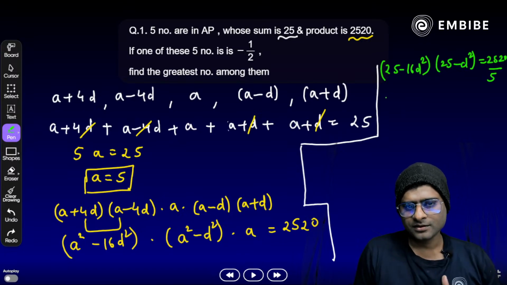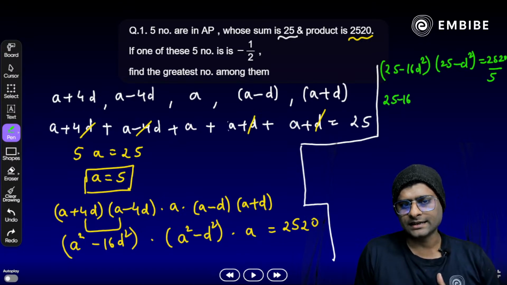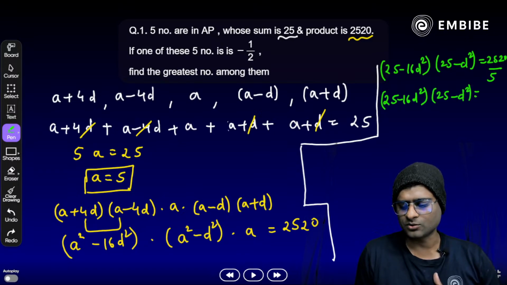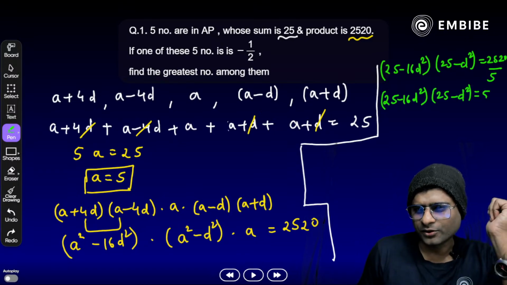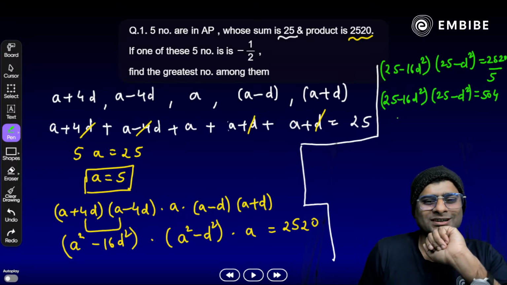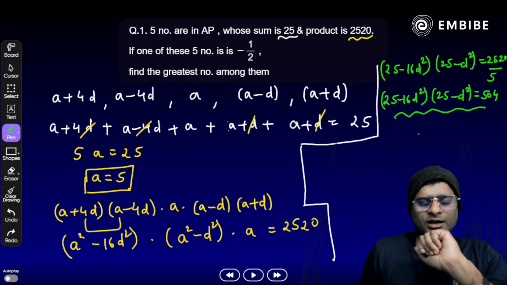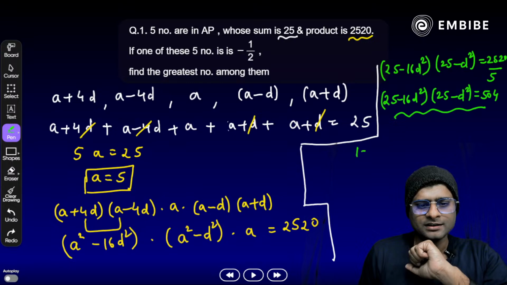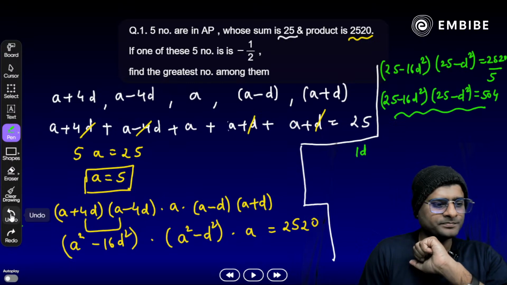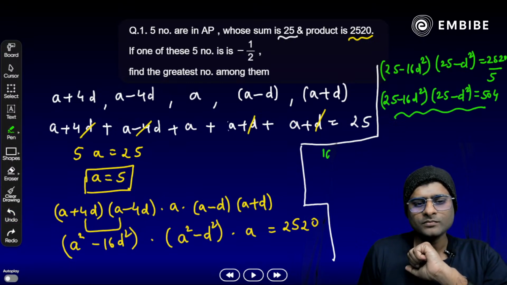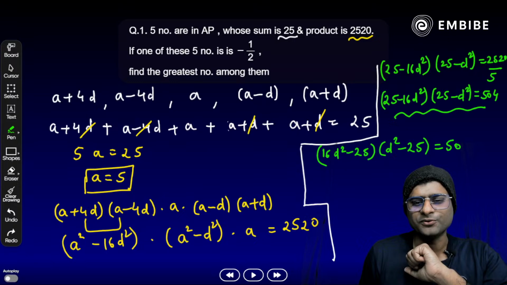So 25 minus 16d square, 25 minus d square is equal to what? 504. Now focus on the equation. We can also write this equation like 16d square minus 25 and d square minus 25 is equal to 504 here.